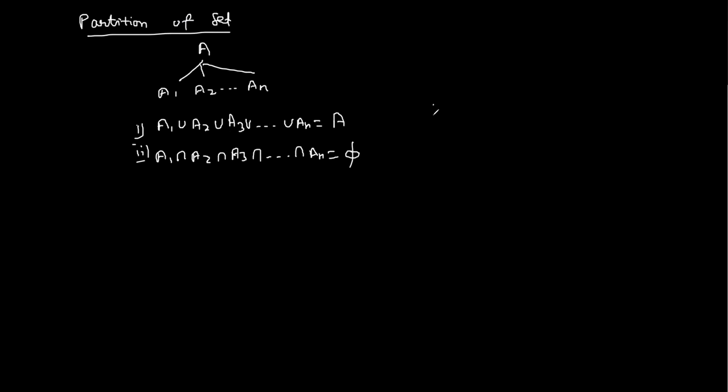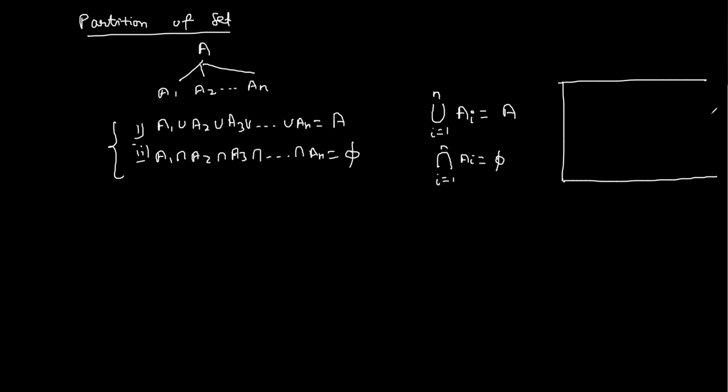In general, you can write the union of Ai from i equal to 1 to N is A, and the intersection of Ai is equal to empty set. This is called partition of a set. This is set A, divided into parts A1, A2, A3, and so on.